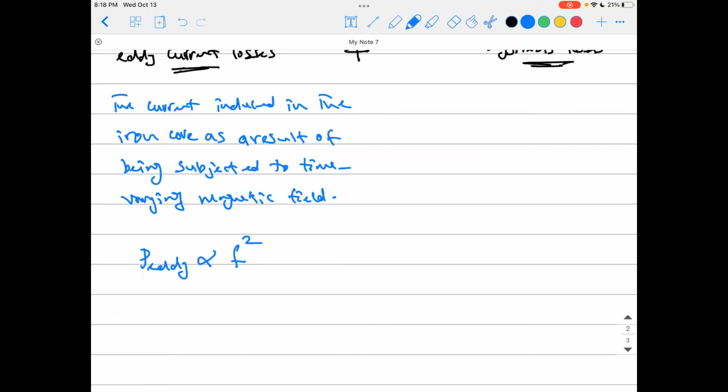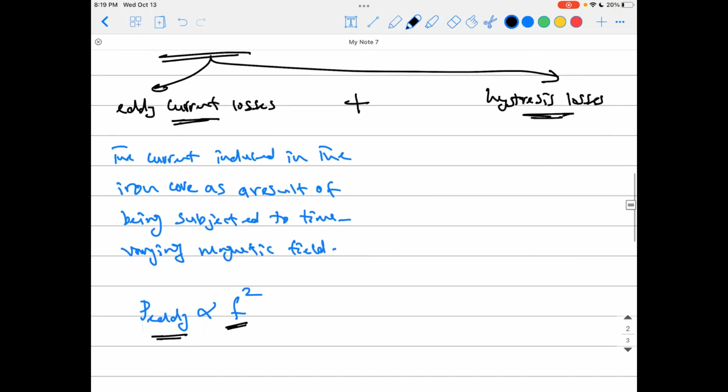So while the frequency goes up, the eddy current losses go up, and while it goes down, they go down with it. Okay, guys? So that's the eddy current losses.